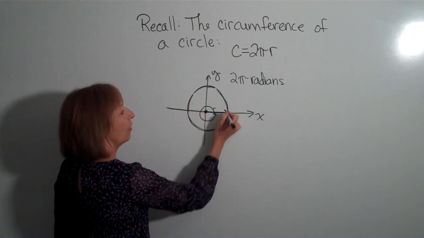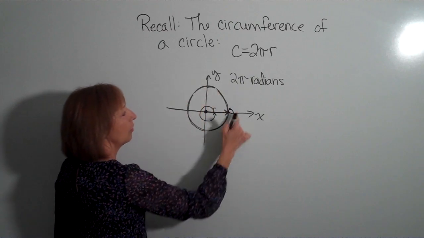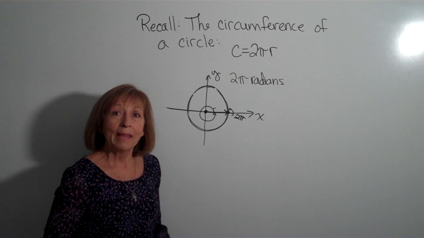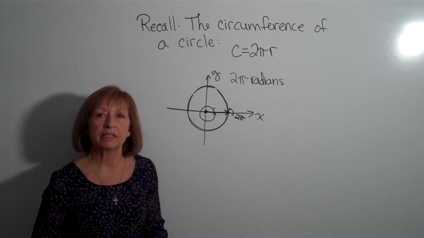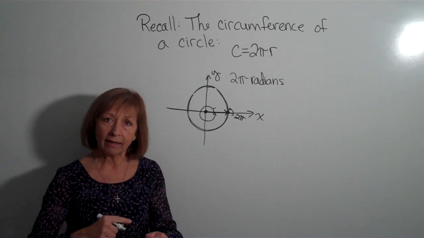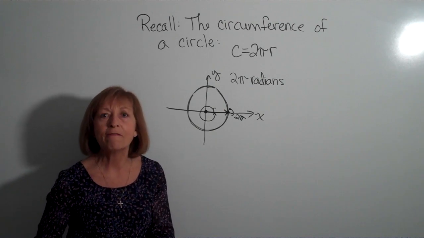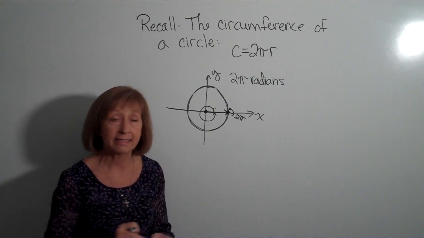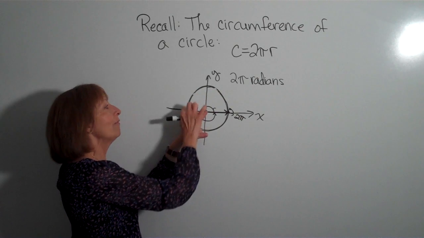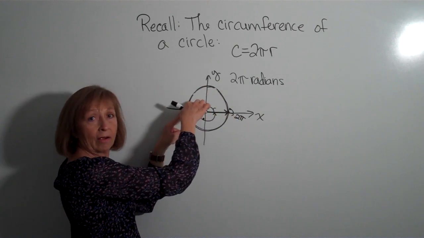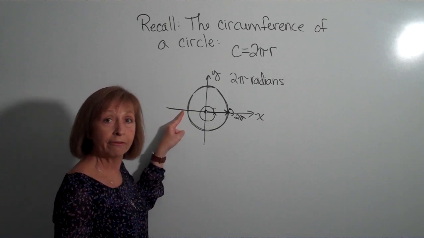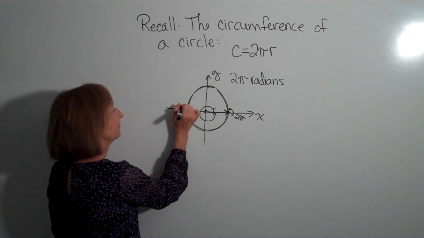So from here, I have 0 radians all the way around to 2 pi radians. Now we can take this symmetry of the circle centered at the origin and break up fractional pieces of that full rotation of 2 pi radians. So if I go halfway around the circle for my subtended arc, then my central angle would have a radian measure of half of 2 pi, which would be pi.